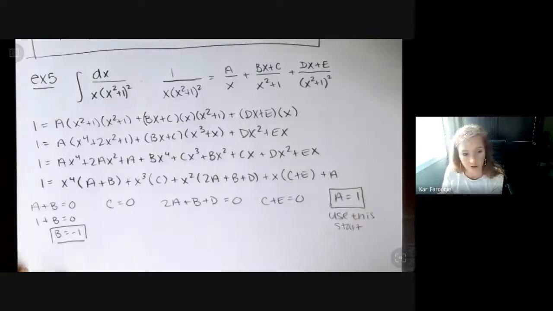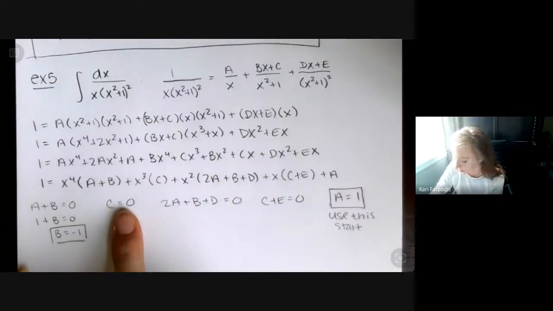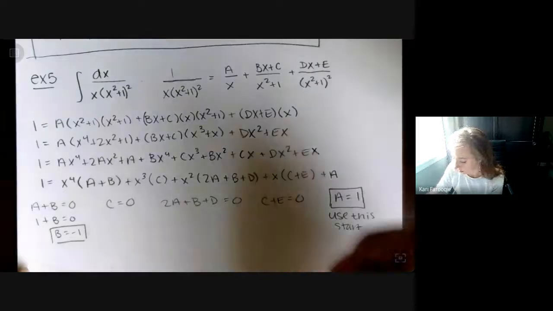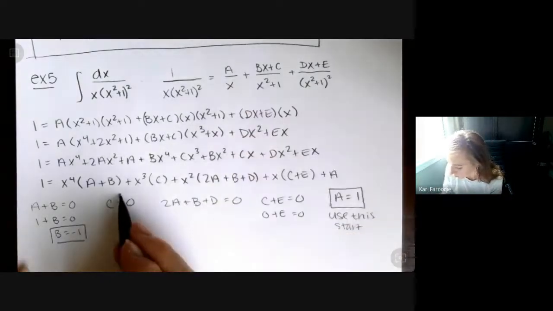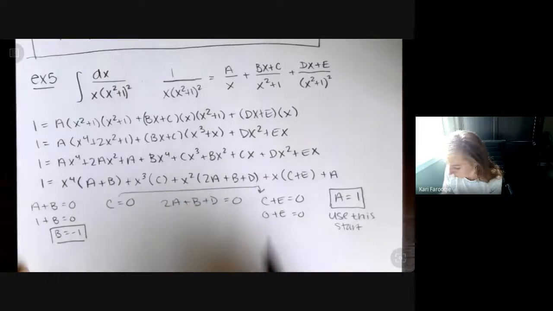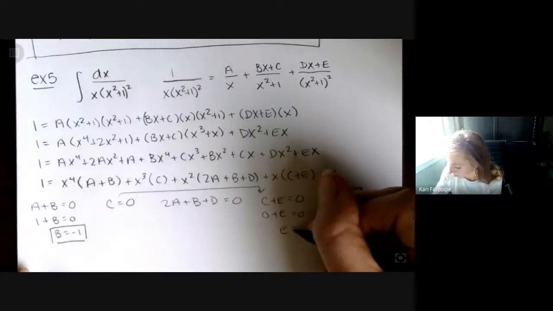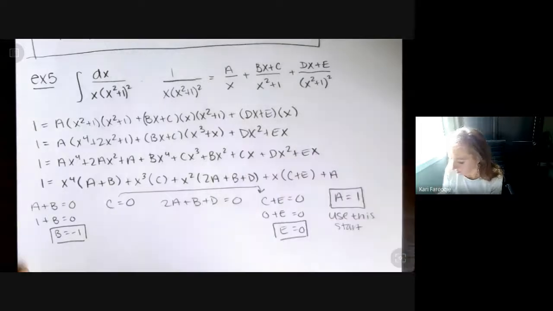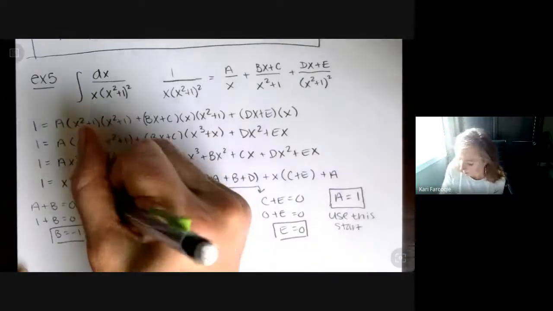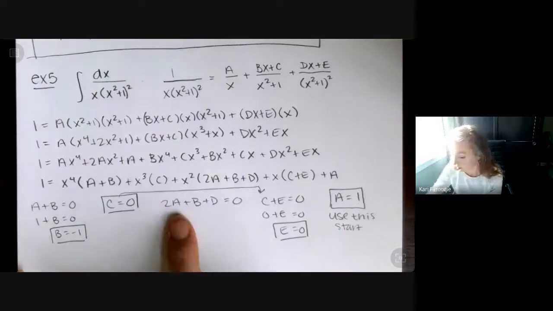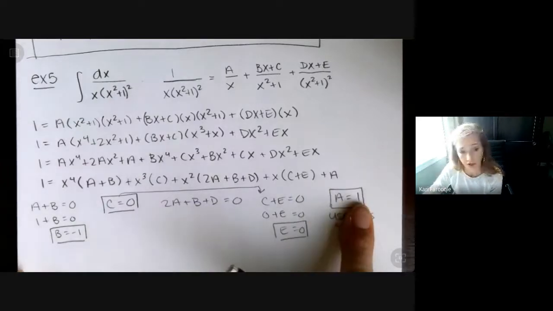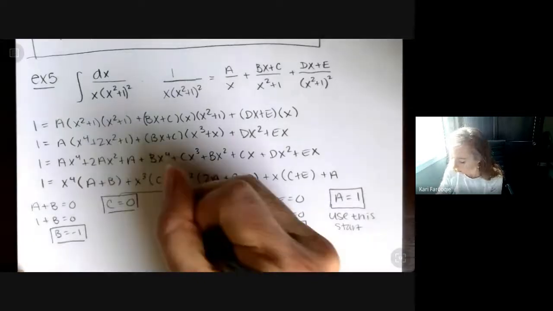A is 1. If we know that c is 0, and we know that c plus e is 0, then we can use that over here to find that e is 0. And then you already know a and b because you know that a is 1 and b is -1.